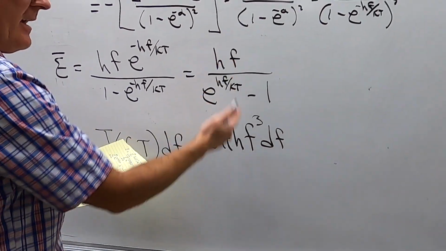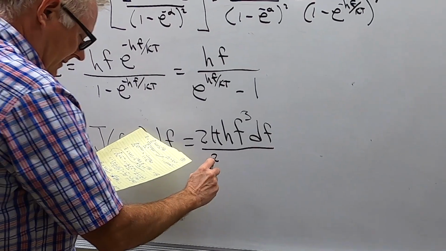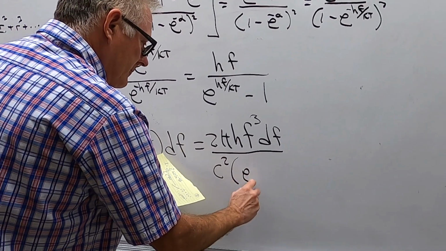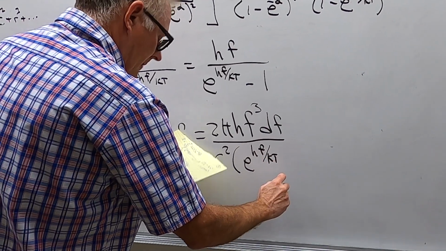I pick up another f, and it was f squared before, all over c squared times e to the hf over kT minus 1.